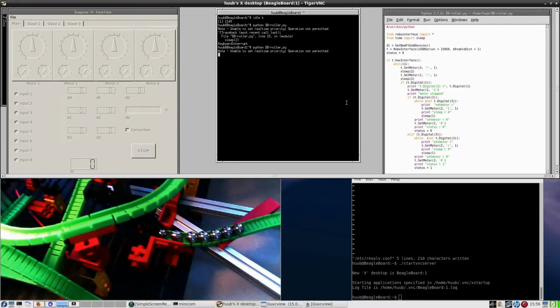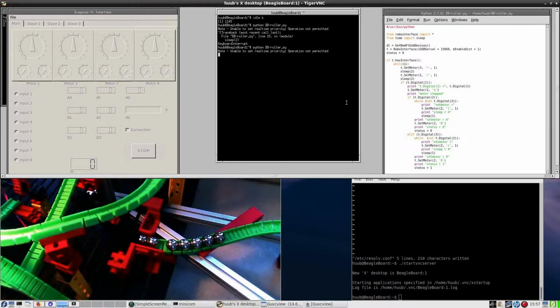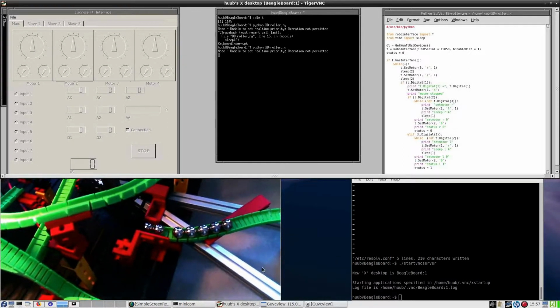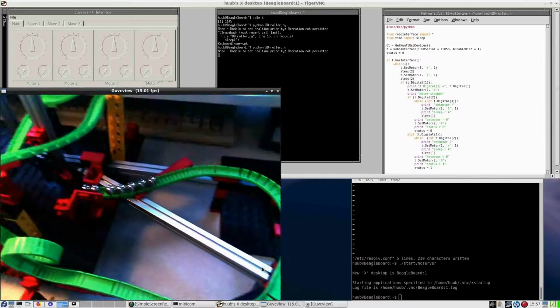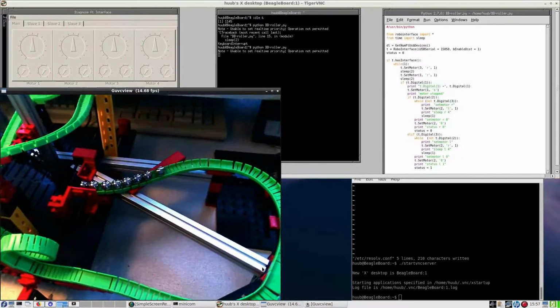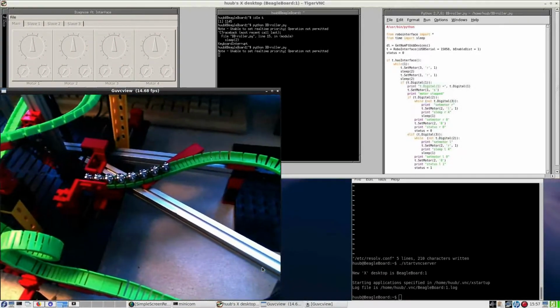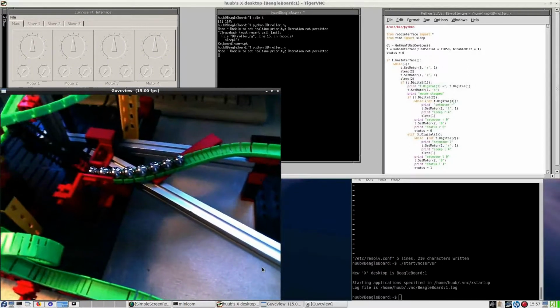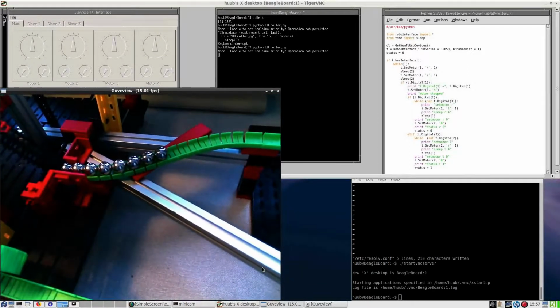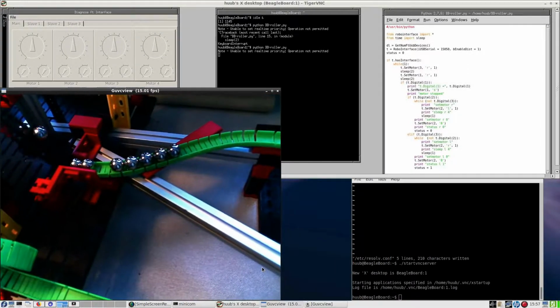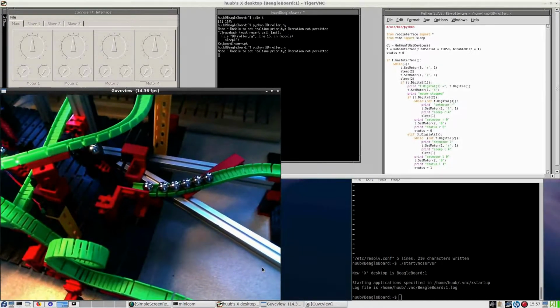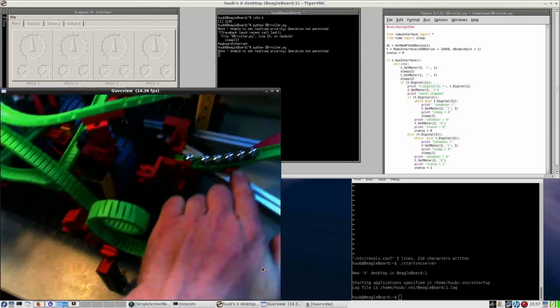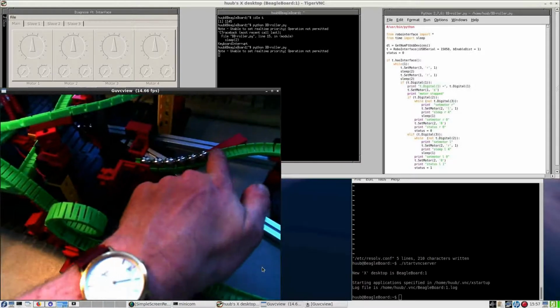And here things don't go as well as they should. That goes nice. See, now one is picked up, another one is picked up, but look here, they are not being followed.